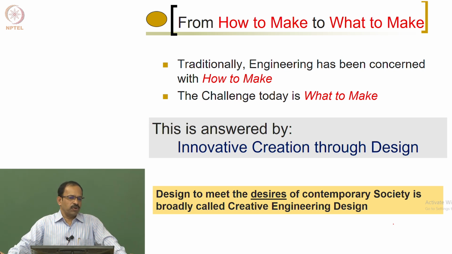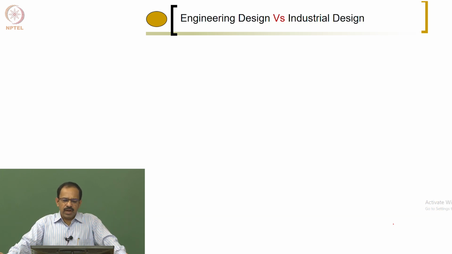So the whole purpose of any design is to meet the customer's requirements. As long as you can meet the customer requirement and satisfy the customers, then you are doing a creative engineering design. So design happens almost every time. The designs keep on happening, and in creative engineering design there are two major aspects, known as engineering design and industrial design.